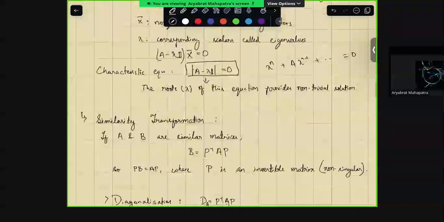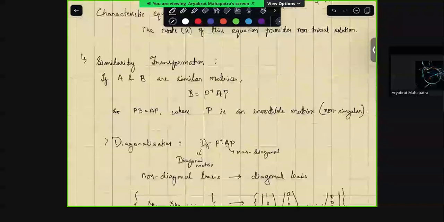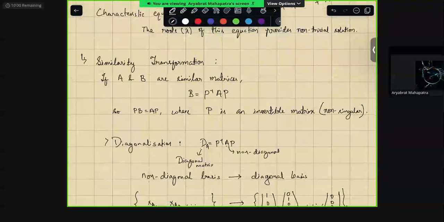And then the following topic, similarity transformations, which are useful when you study different bases or two different operators, and how they are similar, or basically how their bases are similar.